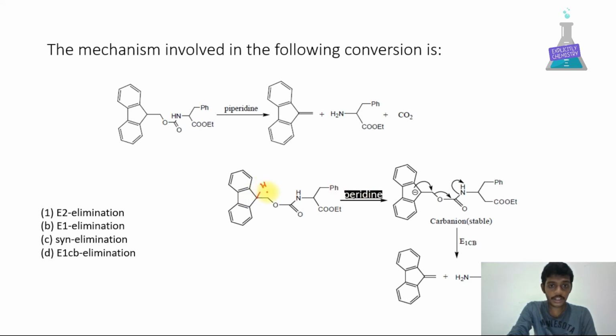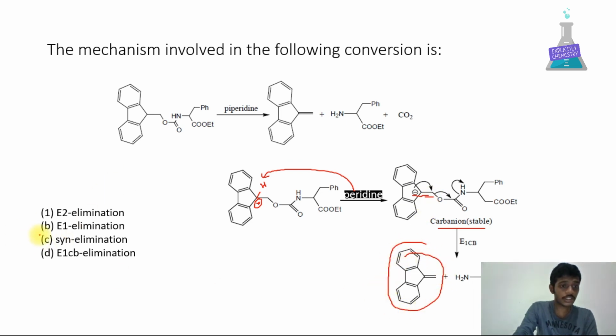This is more acidic, and the base will abstract here, and this carbanion is more stable due to resonance, and this carbanion will migrate over here, and the leaving group is eliminated. While doing E1CB, this bond will go here, forming the double bond over here. This is the product. Hence the reaction is E1CB elimination.